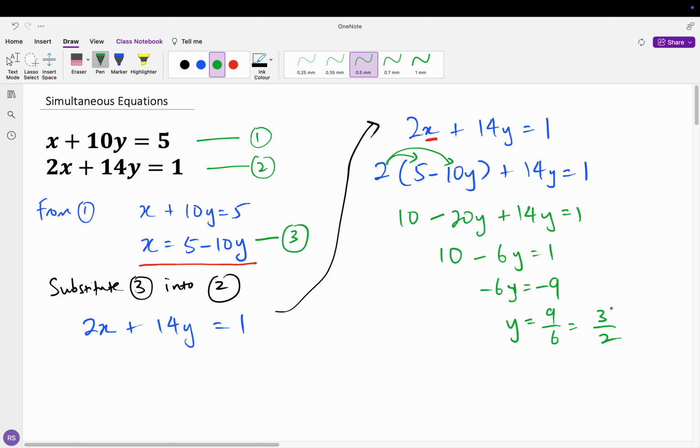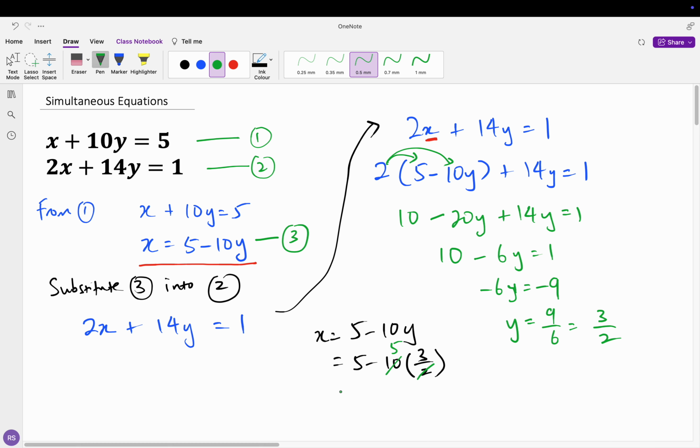Now that we have solved for y, we can substitute this back into equation 3. We know from equation 3 that x is equal to 5 minus 10y, which is 5 minus 10 of 3 over 2. Here we can simplify: 2 and 10 will become 5.